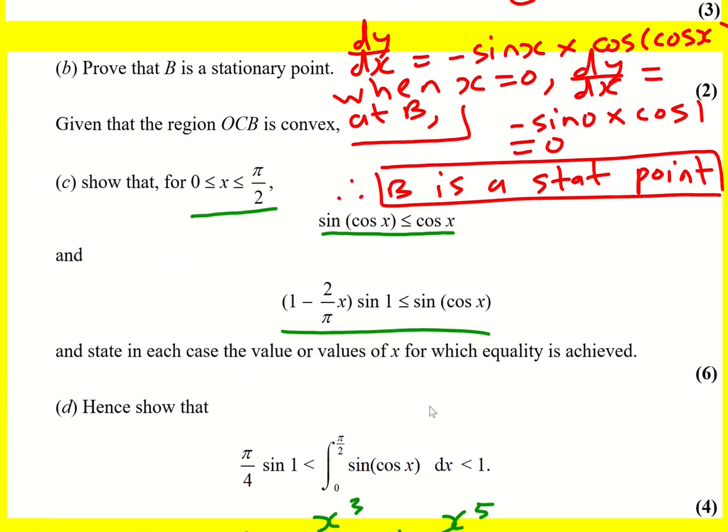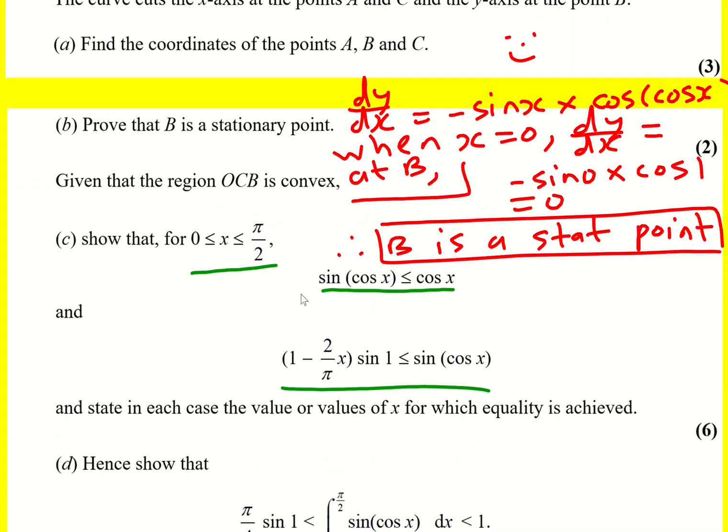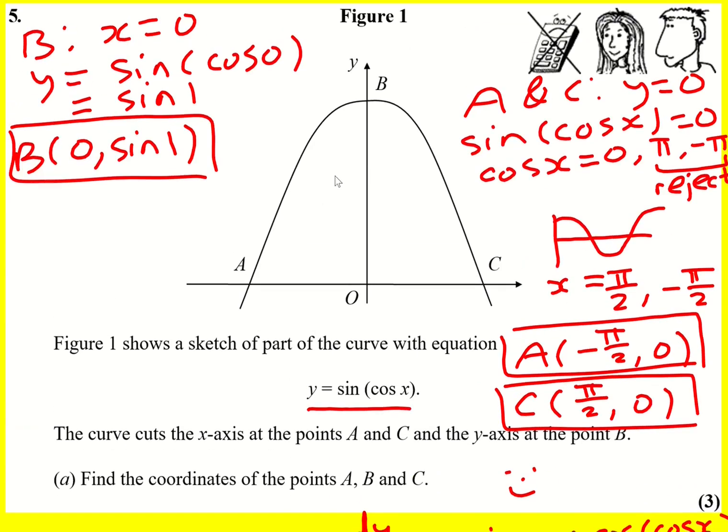For the second inequality, we need to look at the fact that region OCB is convex. What this is telling us is that the curve never goes back up. The gradient is decreasing, the second derivative is negative.